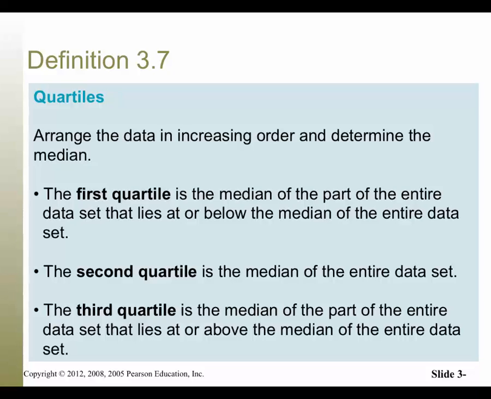Similarly, for the third quartile, you take the upper 50% of the data and find the median of that. That's the third quartile, breaking it up into 25%, 25%. Make sense? So rather than the median breaking the data into 2 equal-sized sets, the quartiles break it into 4 equal-sized sets, 25% each.